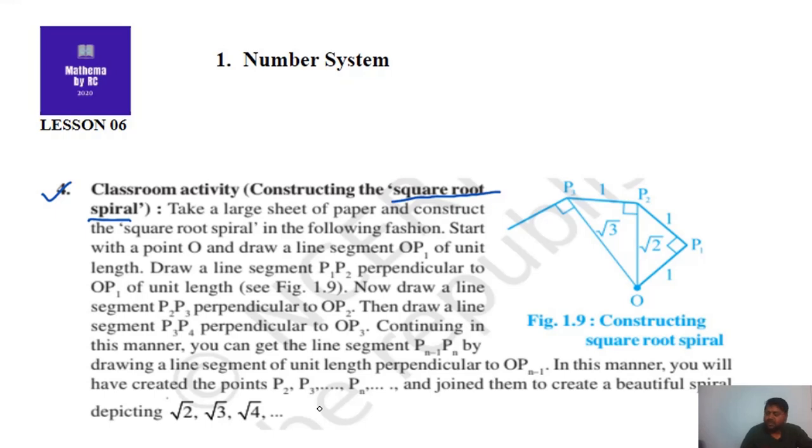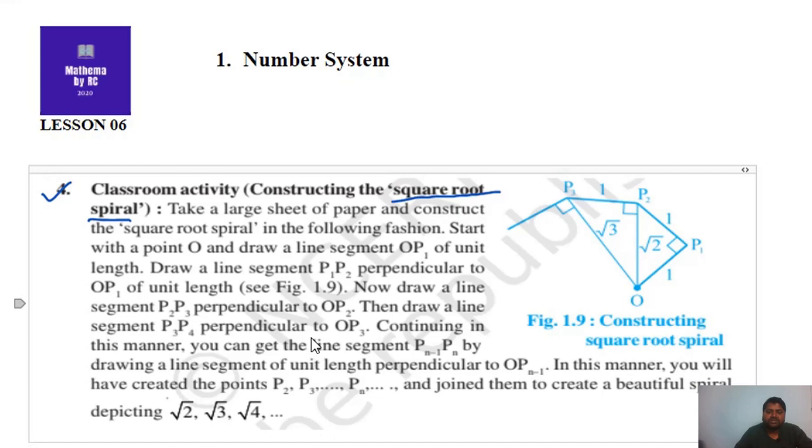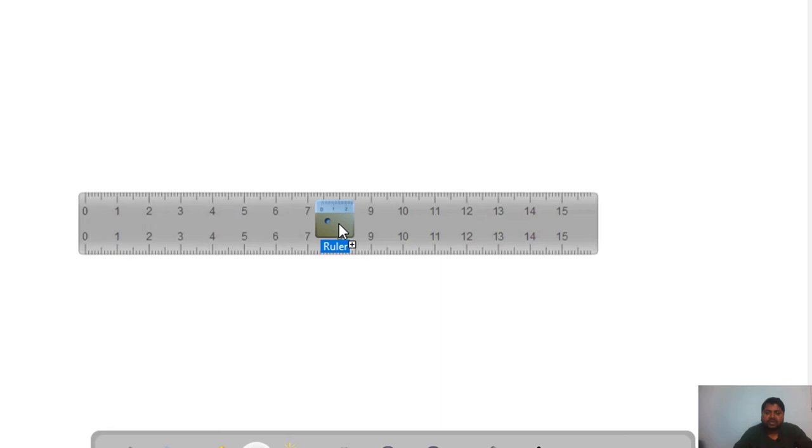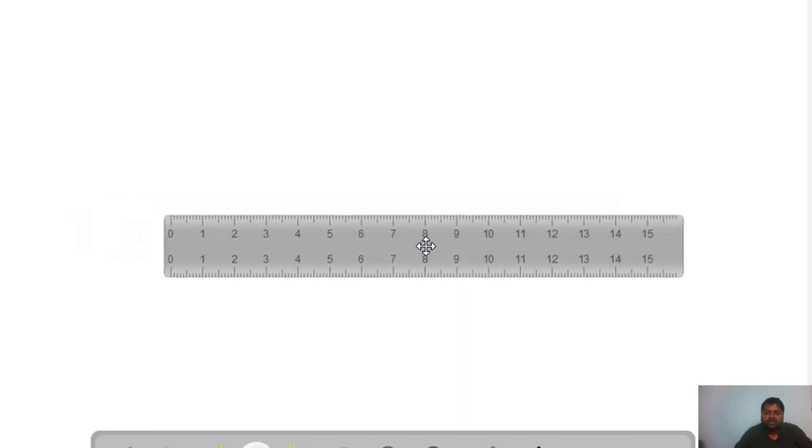Now we take a white sheet for this portion. This is our white sheet. Now we take a ruler for drawing the number line. This is our ruler.